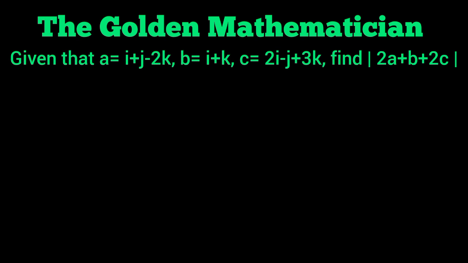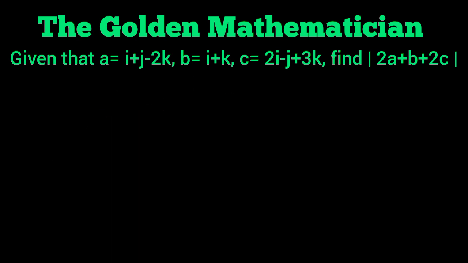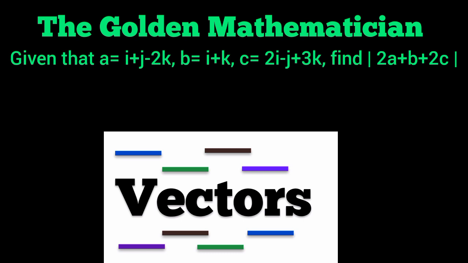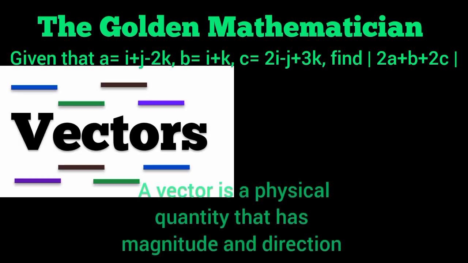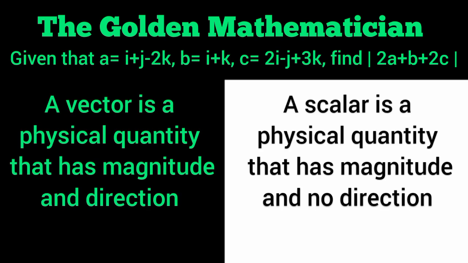Firstly, we need to have a basic understanding of the problem we are to solve. We need to know that there are three vectors in this problem. We have vectors A, B, and C. By the way, what is a vector? A vector is simply a physical quantity that has magnitude and also has a direction. On the flip side, a scalar is a physical quantity that has magnitude but has no direction.